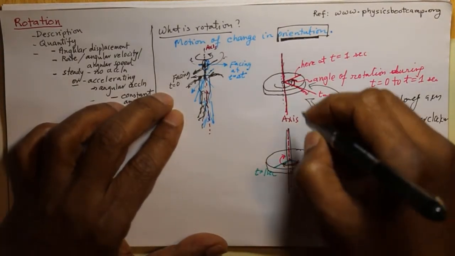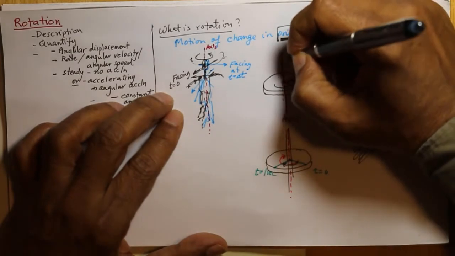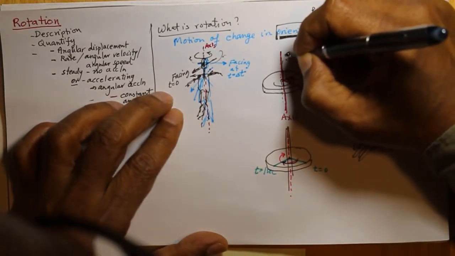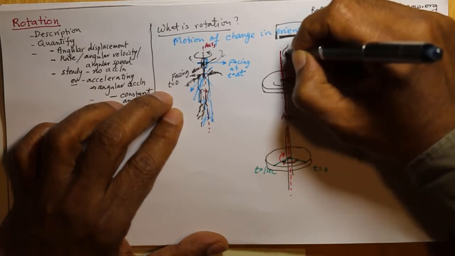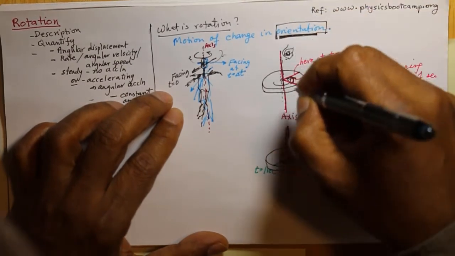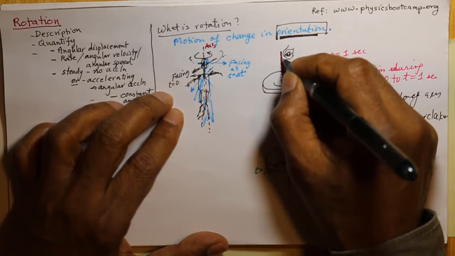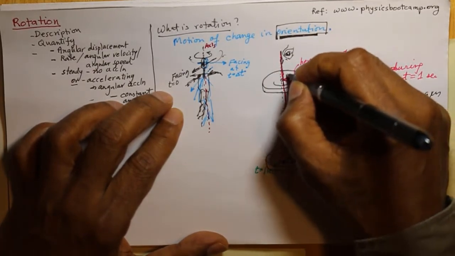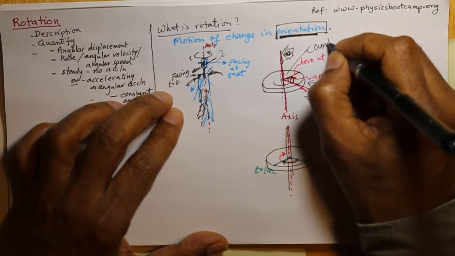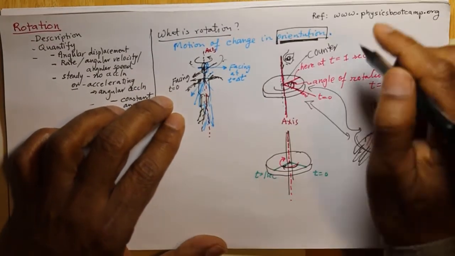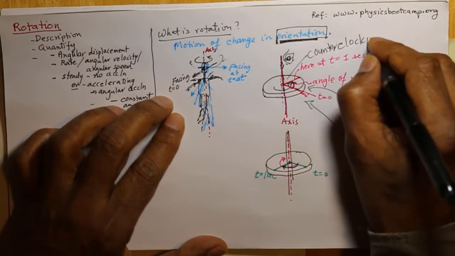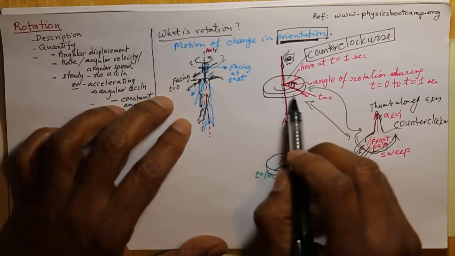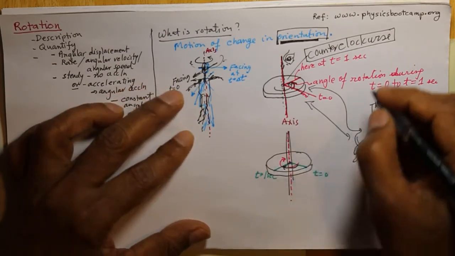If you look at it from this direction, another way to say it is, if you look at it from this axis, you're looking down, and it looks to you like this is rotating counterclockwise. Counterclockwise. So that's one way to tell the sense of rotation.